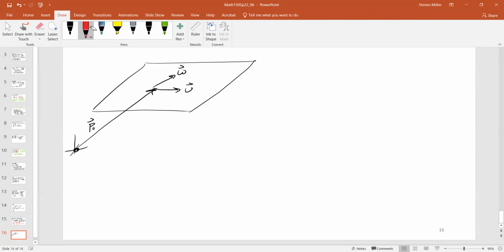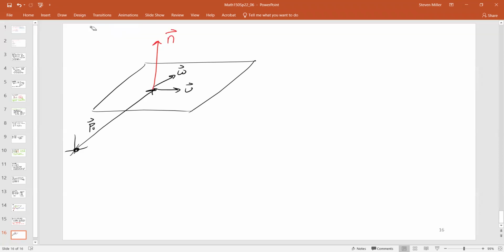I'm going to introduce the normal. So a normal is going to be a vector that's perpendicular to the plane. So n is the normal. It is perpendicular to the plane. Do we know a way to find something that's perpendicular to the plane?